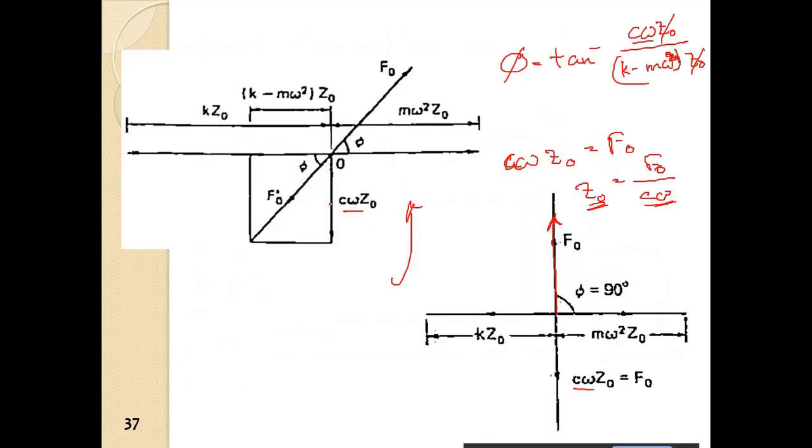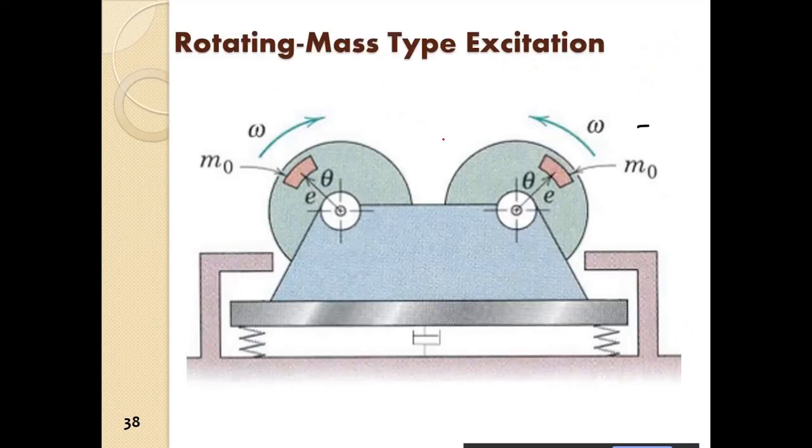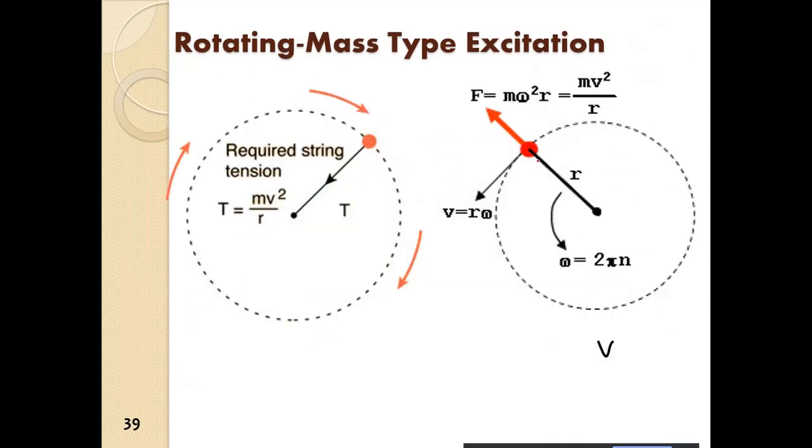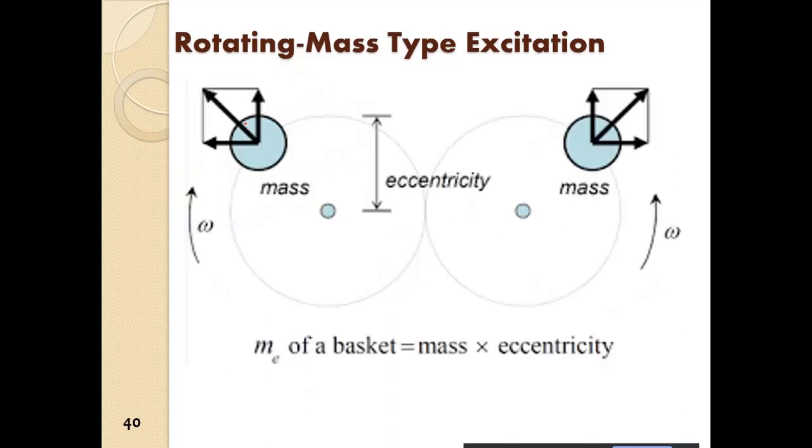Up till now, we have been considering the F naught force. If there is a rotating body, as we have already discussed, the force will be radially outward. When the mass is at the downward position, the force will be downward, and when it is at the upward position, it will be upward. We will have two components.